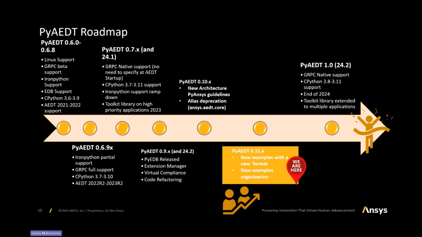And we set ourselves the goal of releasing version 1 of PyAEDT by the end of the year or the first months of next year, where with version 1 we will finally reach a stable and definitive release.